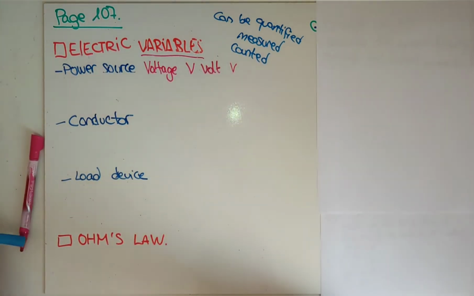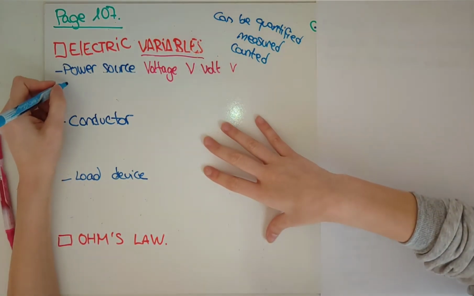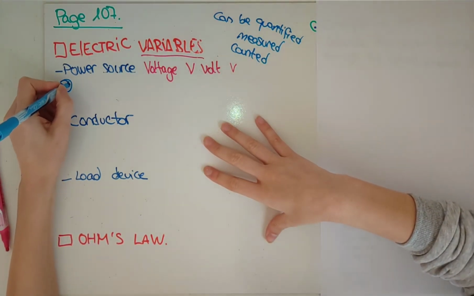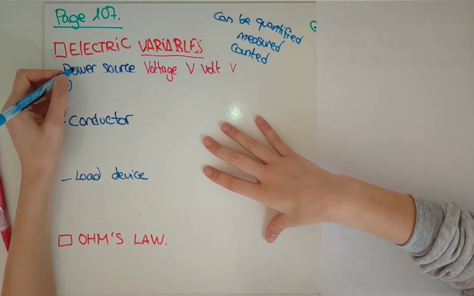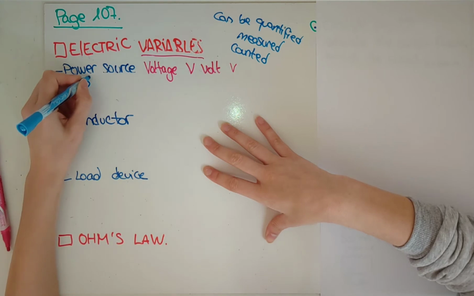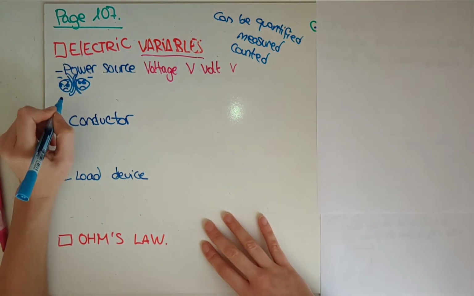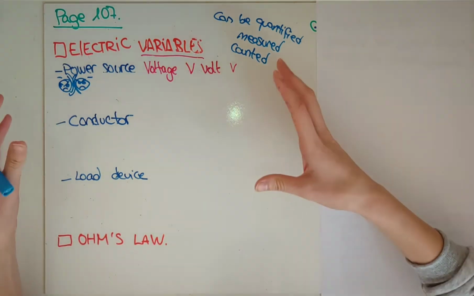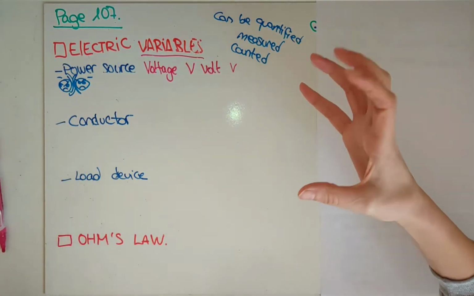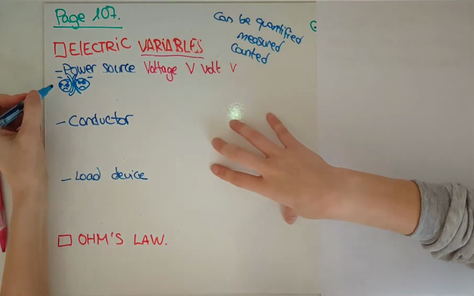Imagine, we know that the electrons are negative charges, okay? So they repel each other. Now imagine that inside a box, inside our battery, we store lots of them together.